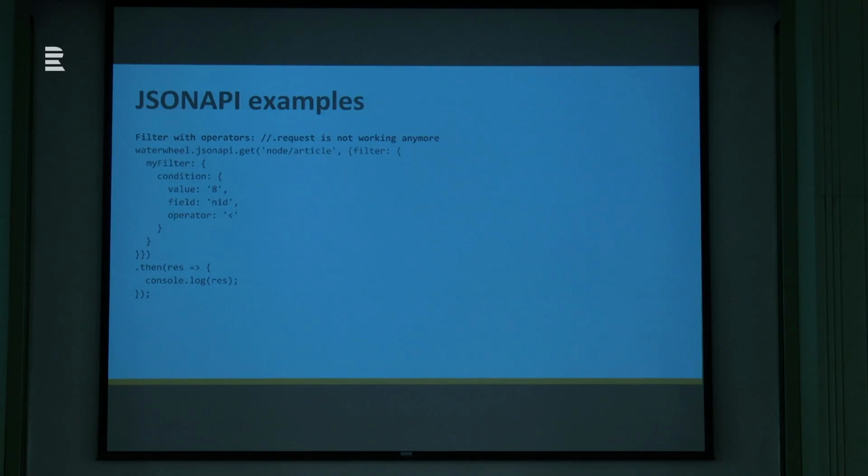This will give you NID smaller than 8, and you can do even more advanced. All this filtering and these requests are according to the JSON API standard, so you can take a look there for the call you want and pass it in as a Drupal standard, and it will work.